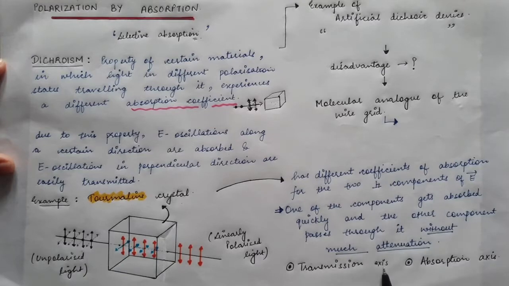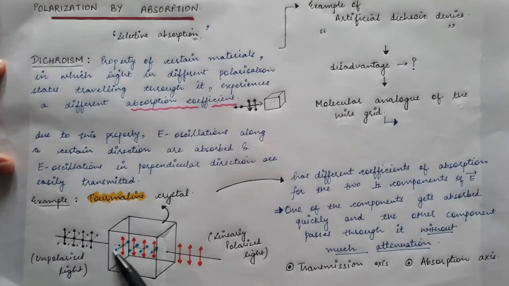One is the transmission axis, the direction along which the electric field component easily passes through the crystal, whereas the absorption axis is the axis along which the component of the electric field gets absorbed inside the material. These are the two terms that we use in the case of the tourmaline crystal.